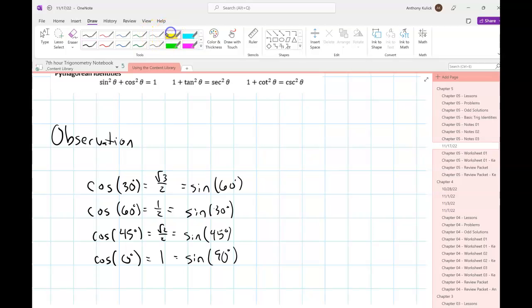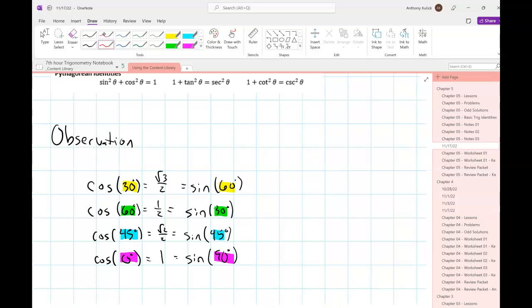Or that cosine of 0 degrees is equal to 1, and sine of 90 degrees is also equal to 1. If we look at all of these pairs of angles, what do you notice about all these angle pairs that I've color-coded? 30 and 60, 60 and 30, 45 and 45, 0 and 90.